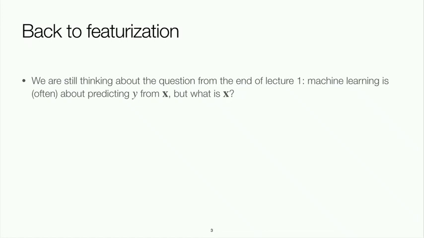So oftentimes we're talking about predicting Y from X. Machine learning a lot of the times is about building predictive models, but predicting from what, right? So what is X? So maybe we're given some kind of X, some kind of input. Is that the X that we necessarily want to be using directly when we're trying to make these predictions? Or is there some other better X, some better representation that's going to allow us to be a little bit more effective in terms of how we build our predictive models.